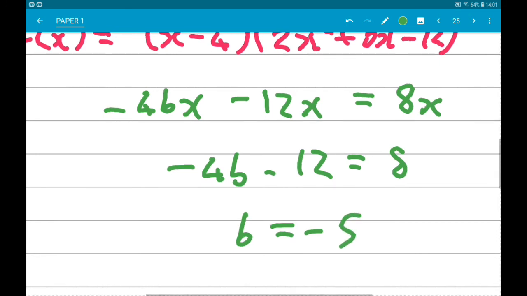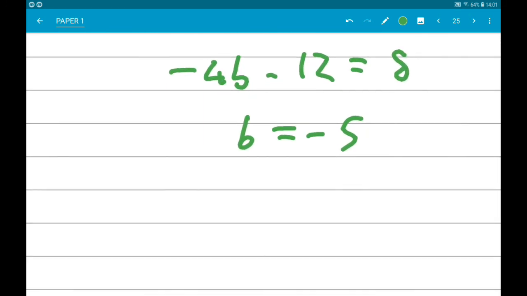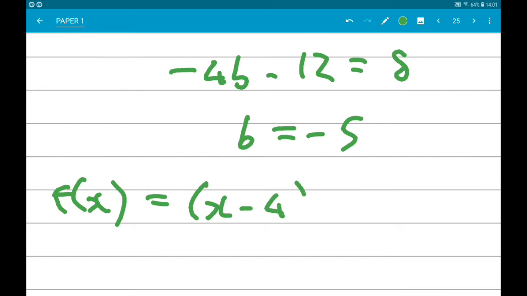So now we know f of x is x minus 4 times 2x squared minus 5x minus 12.